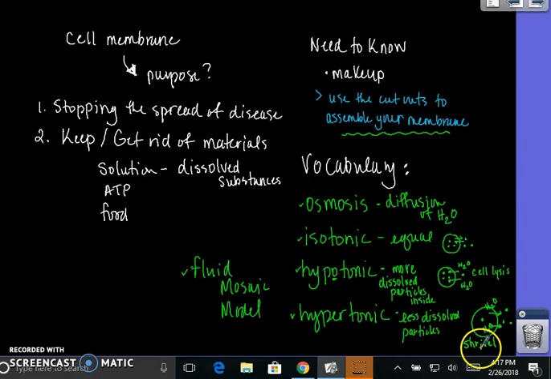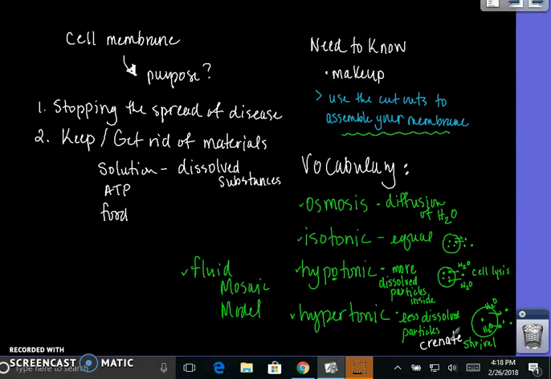And the cell will shrivel. There's a fancy word that I do want to write. It's called crenate. And that's what happens when a cell is in hypertonic solution. So think about crenation as being like a dehydration of the cell.